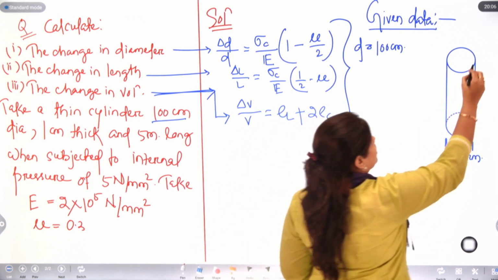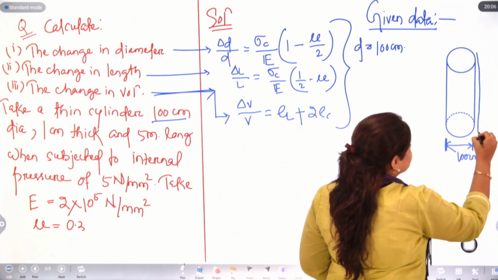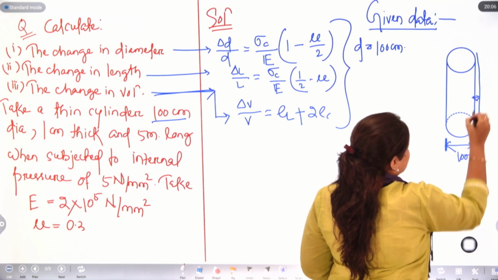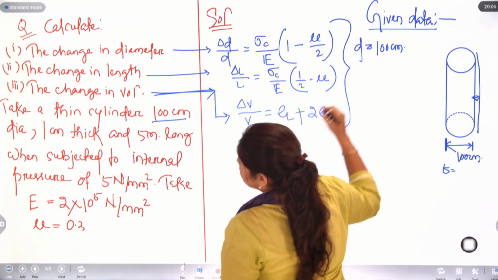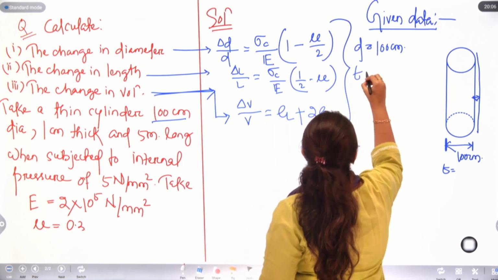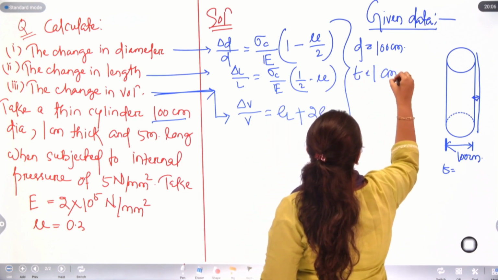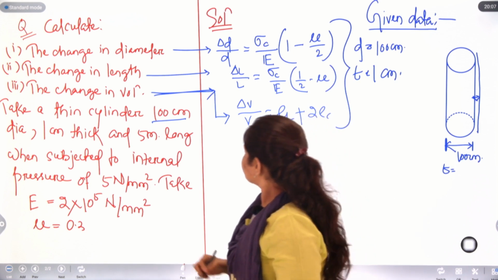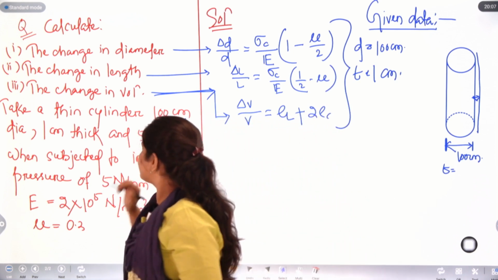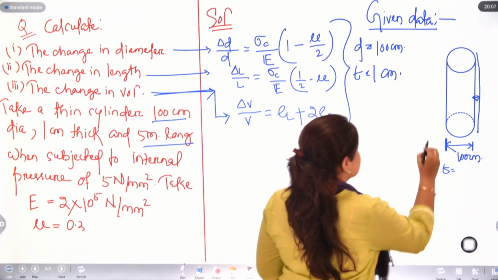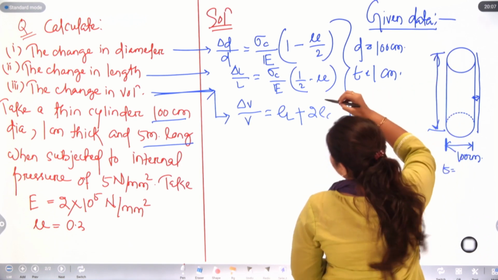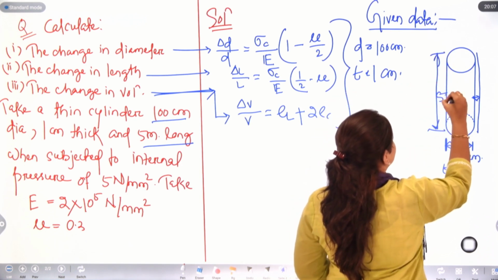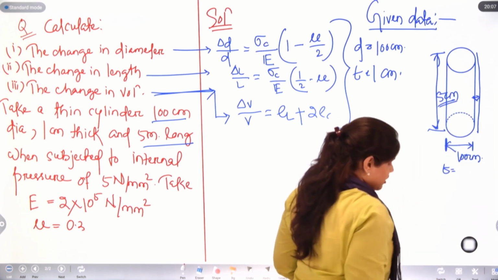The thickness of the cylinder, this to this, is 1 centimeter. Next, 5 meter long. So the length is given, this to this is 5 centimeter.